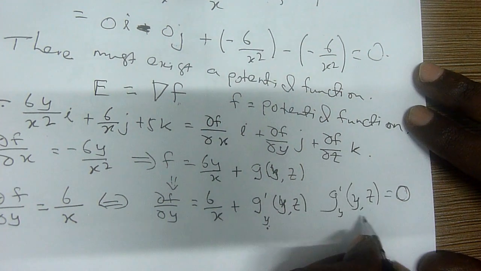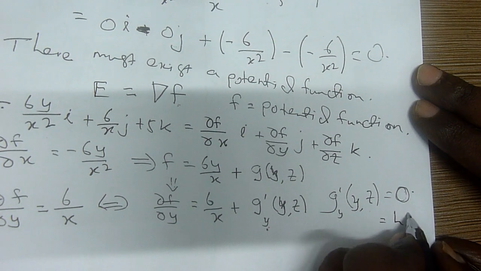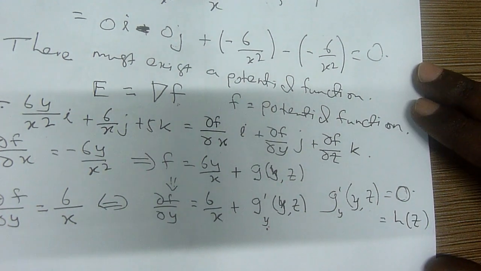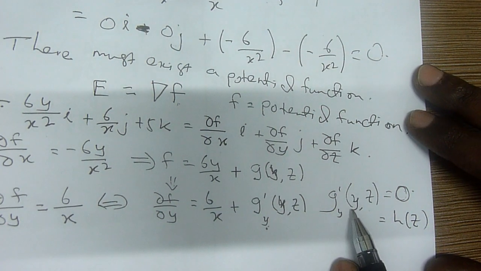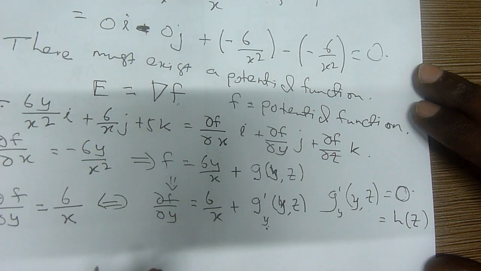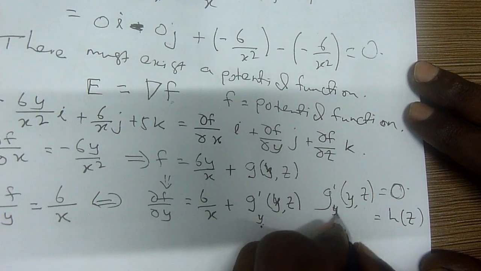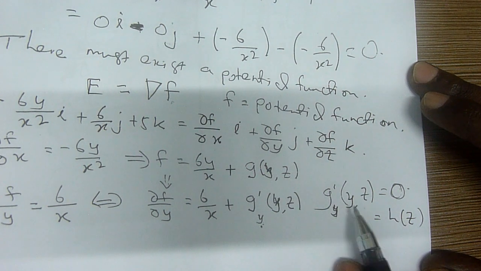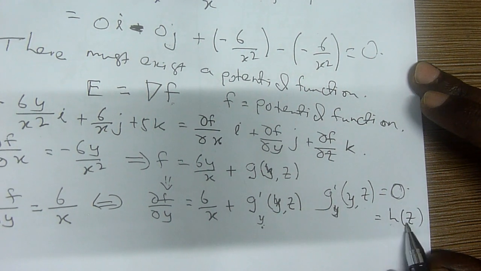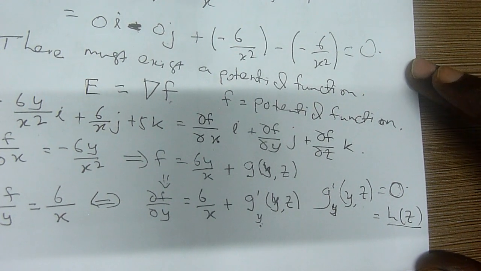Basically this one we can call h(z). Some of you may question, so it does not involve y at all. That's what I wanted to tell you. When I make g prime with respect to y, if it is 0, then immediately it will downgrade to another status called h(z).